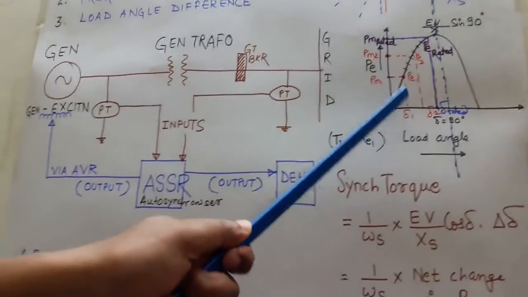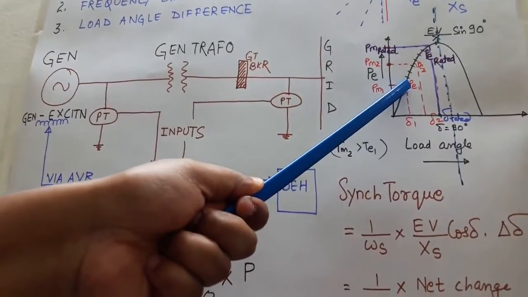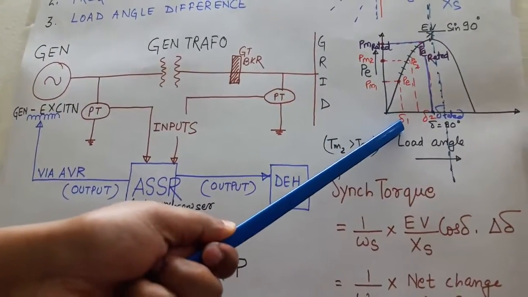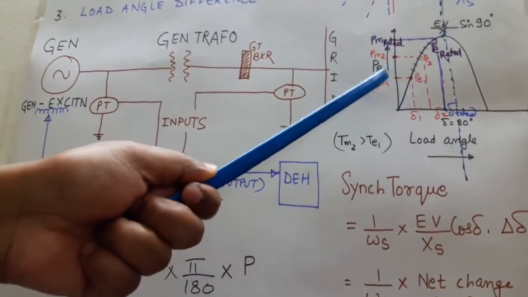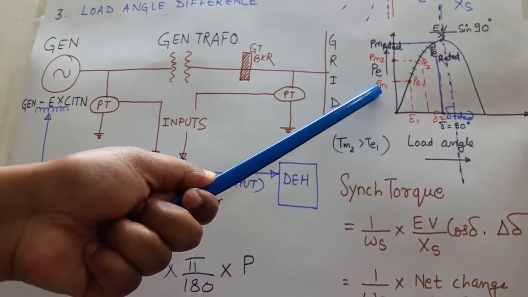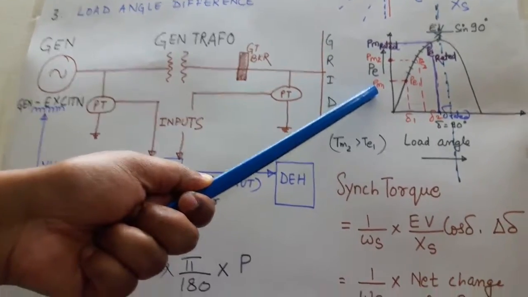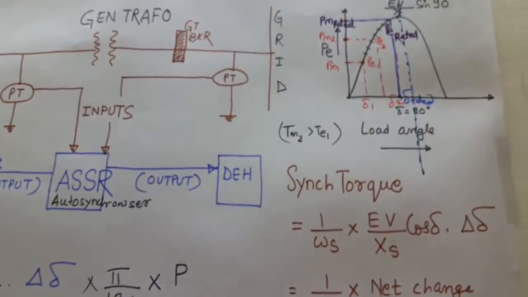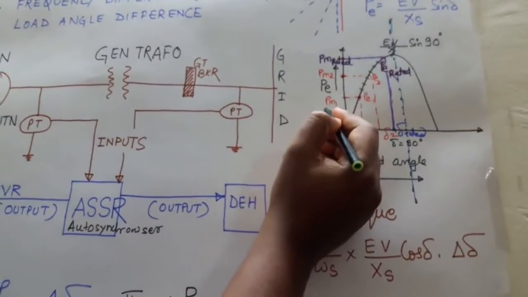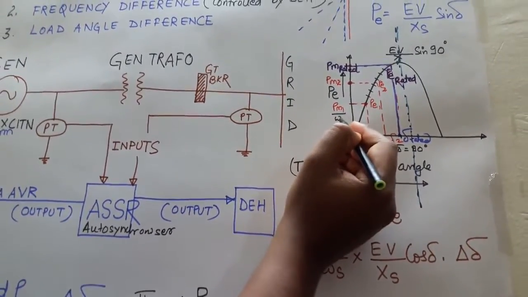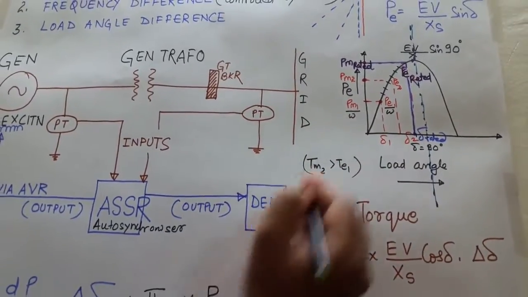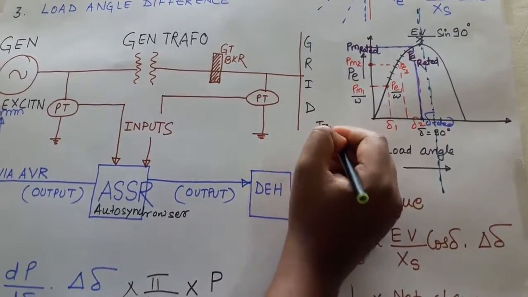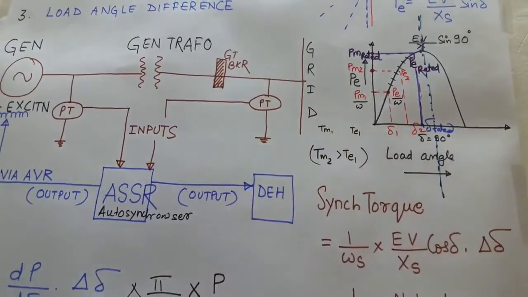Suppose at this point number 1, my load angle was delta 1, electrical power was PE1 and mechanical input to the generator was PM1. If I divide PM1 and PE1 by the angular speed omega, I will get TM1 and TE1.